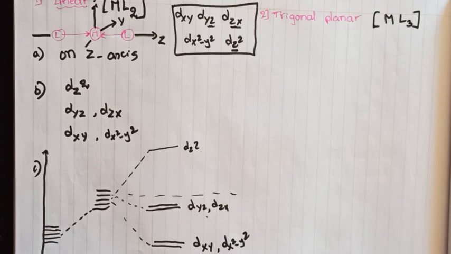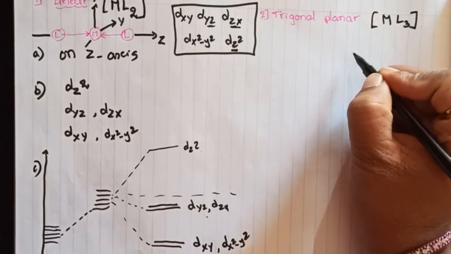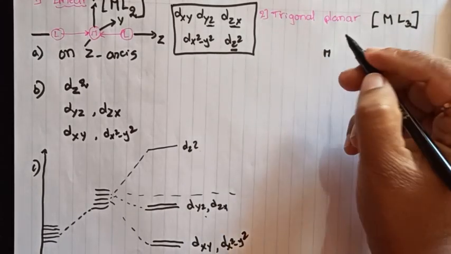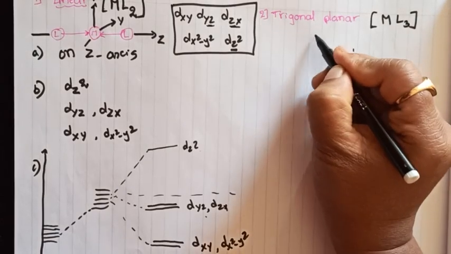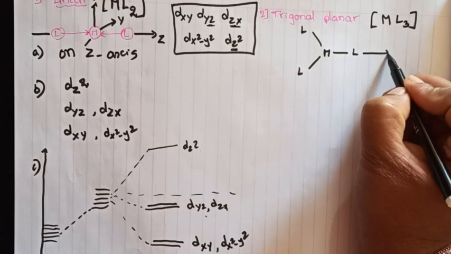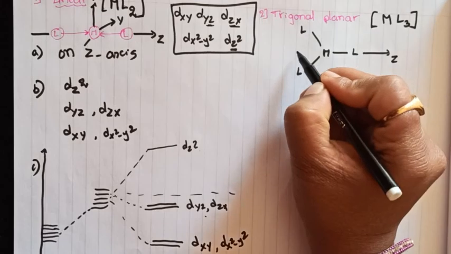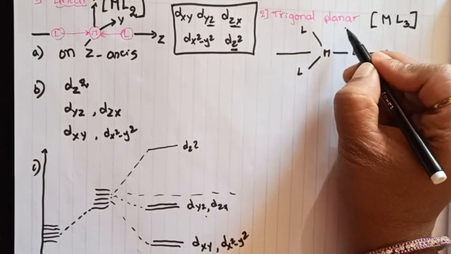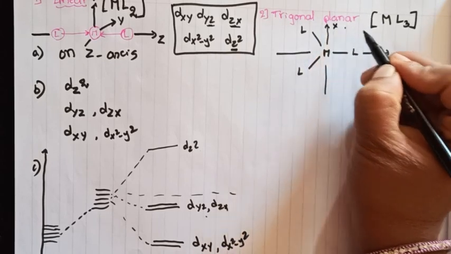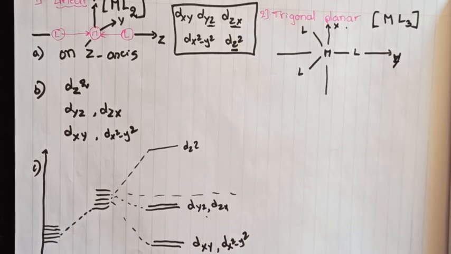Now coming to trigonal planar. In trigonal planar, the metal is surrounded by 3 ligands. Let's see the structure. Metal is surrounded by 3 ligands. This is the x axis, y axis, let's say, and the third is the z axis here.